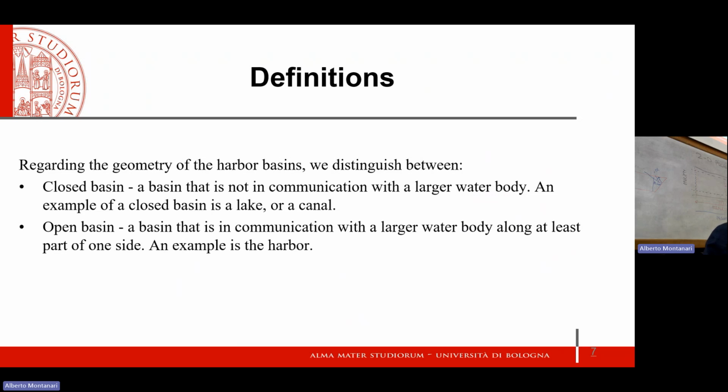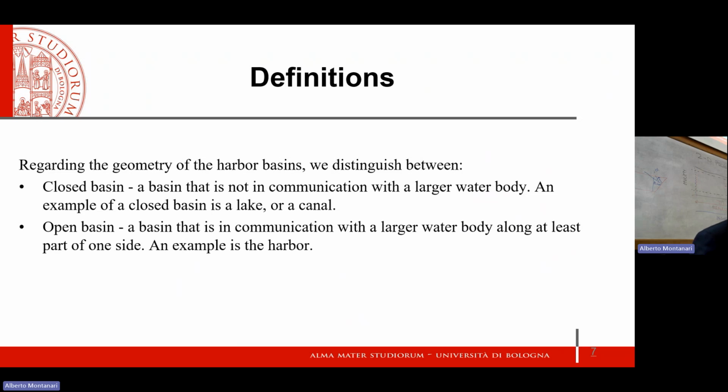In harbors, usually we have a mouth that is quite large because we want huge, big ships getting into the harbor. And the size of the entering ships is comparable to the size of the harbor. I mean, the size of the harbor may be from 10 to 100 times the size of a ship, but it's comparable.